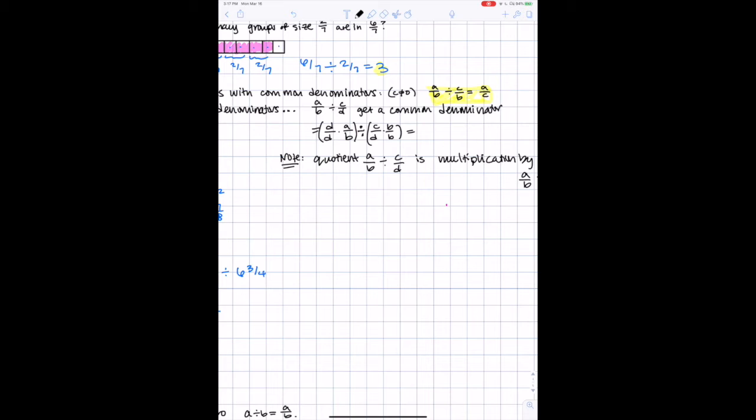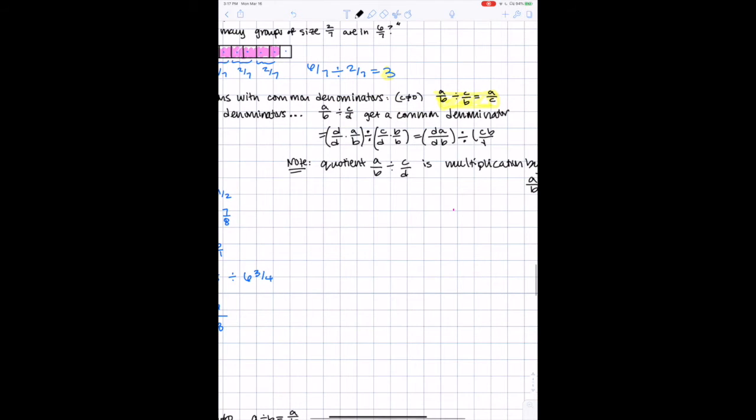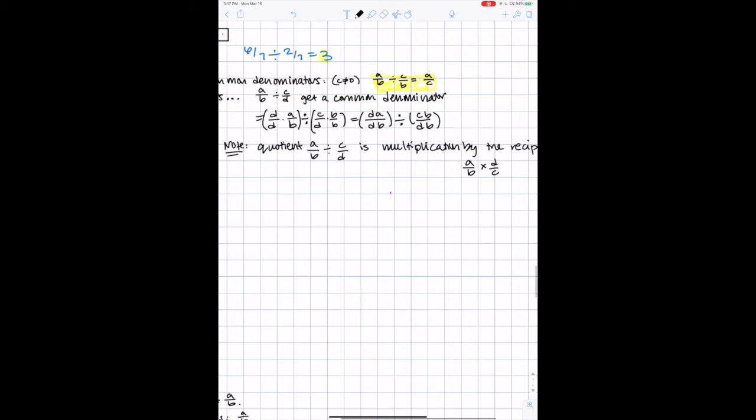Okay, and so this first number becomes A times D over B times D, and the second number is C times B over D times B. Sorry, I'm saying that wrong.